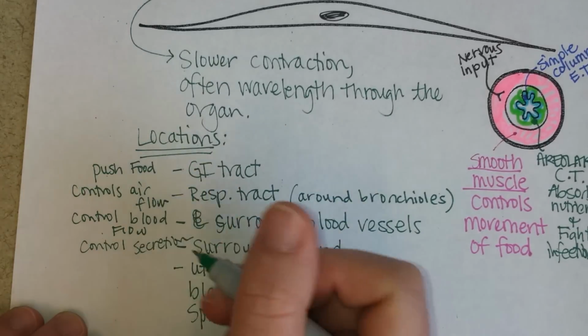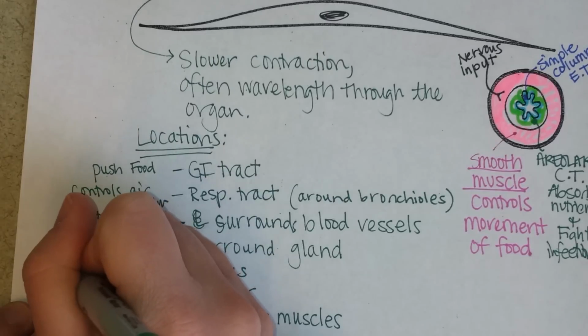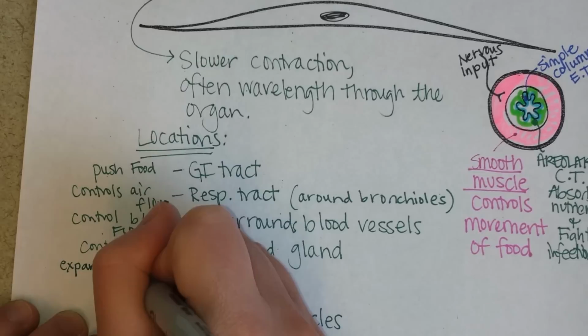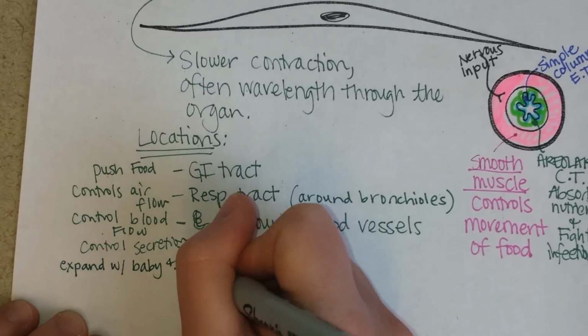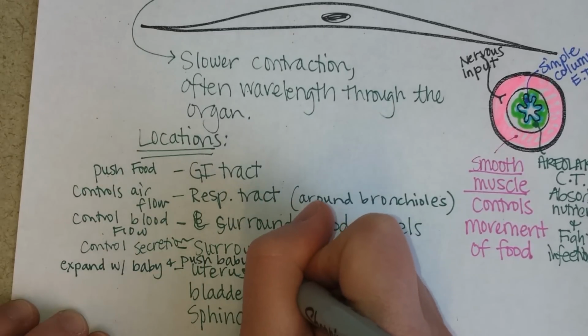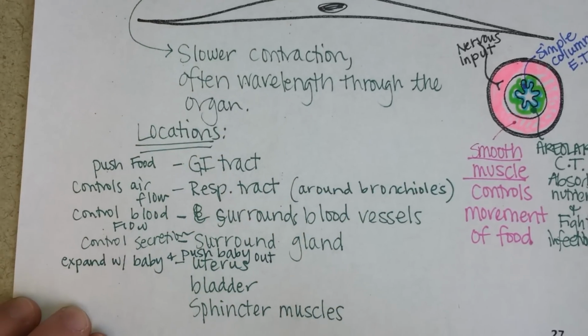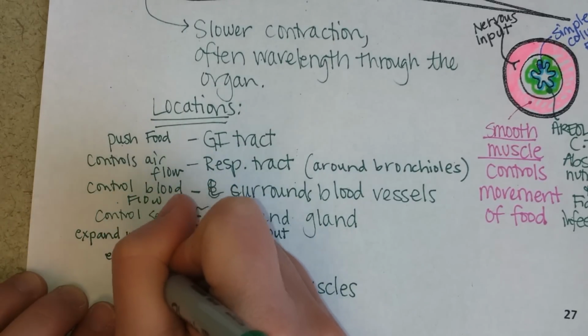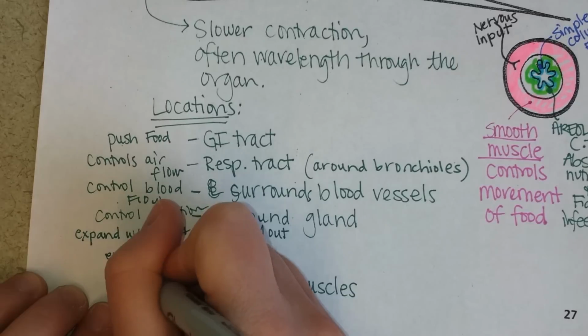And then the uterus, it's going to help expand. Smooth muscle can be stretchy, so it can expand with the baby, and then when that baby's all cooked, it will push the baby out. And then the bladder, also the smooth muscle there is helpful for expansion and pushing out urine.